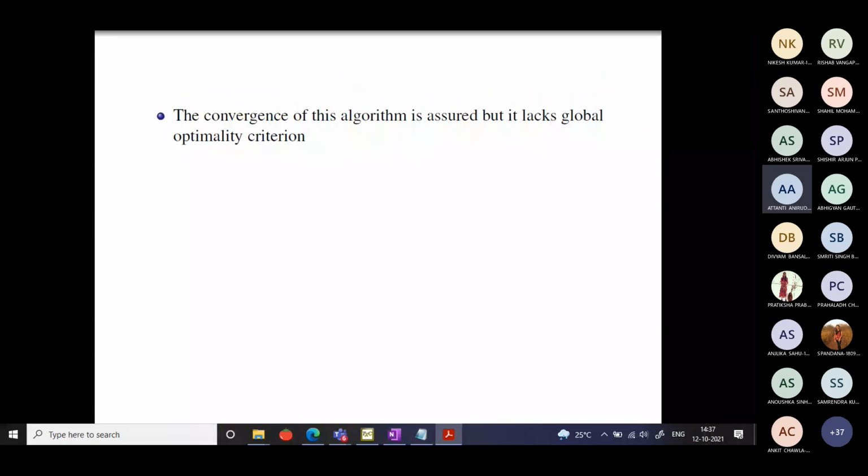Now, you know that the convergence of this algorithm is assured, but it lacks a global optimality criterion. There is no way that we can show that k-means always leads to a global optimum, meaning the most optimal clusters or centroids, because it keeps going back and forth. But it is a very quick and dirty idea.